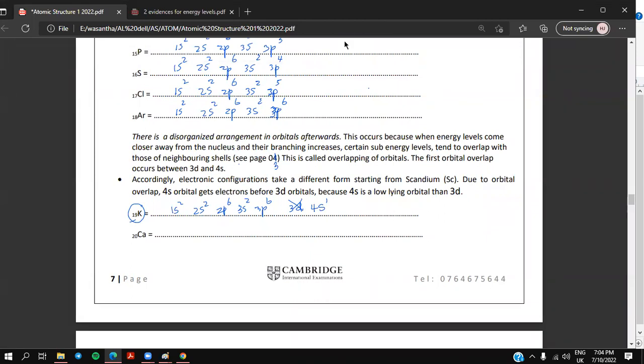Likewise, when it comes to calcium, 20 electrons: 1s2, 2s2, 2p6, 3s2, 3p6. After 3p6, where should you go? 3d. But we can't go to 3d because due to overlapping, 4s has come below 3d. So we have to have 4s2.